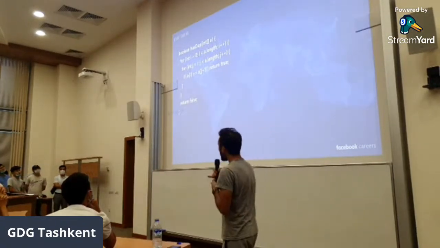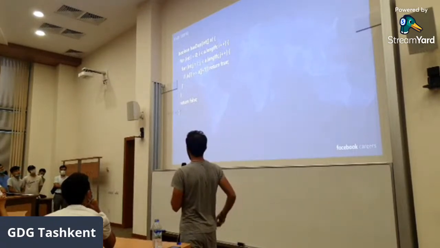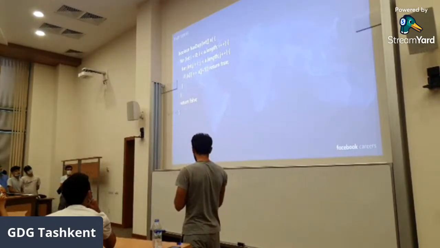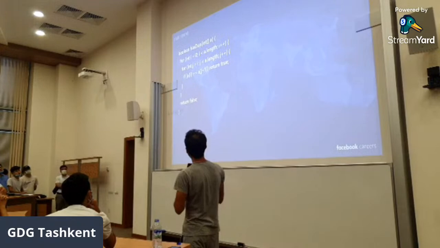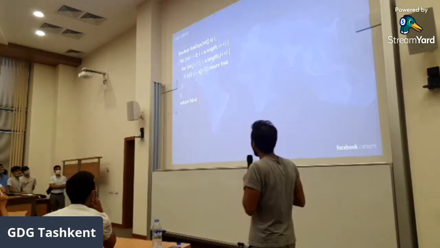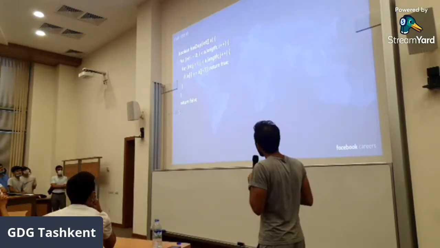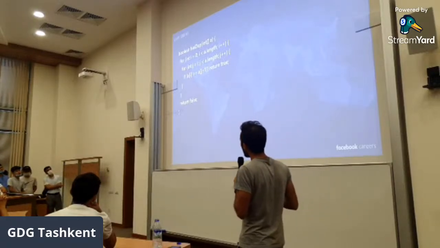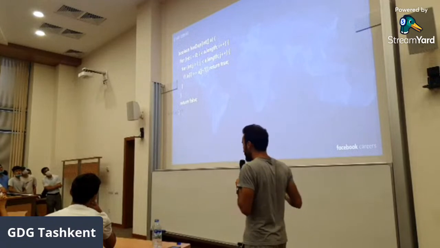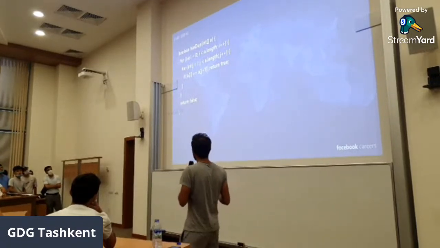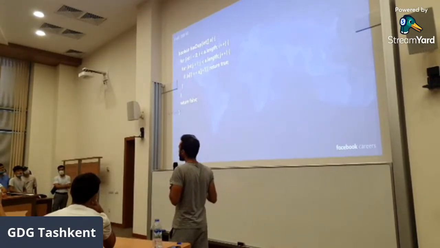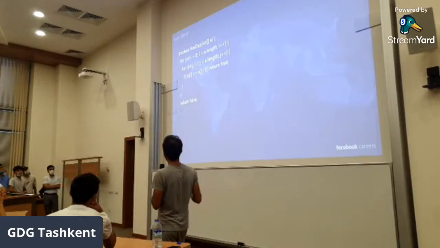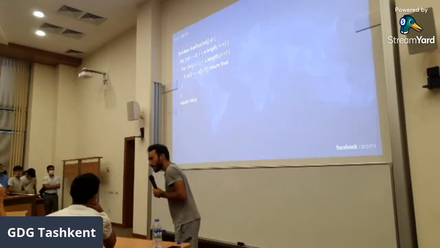And at each step, I will check the element at index i and index j plus 1. If they're equal, I return true. That means there is a duplicate. Otherwise, if I finish both of these for loops and never find two of them that are equal, then return false.